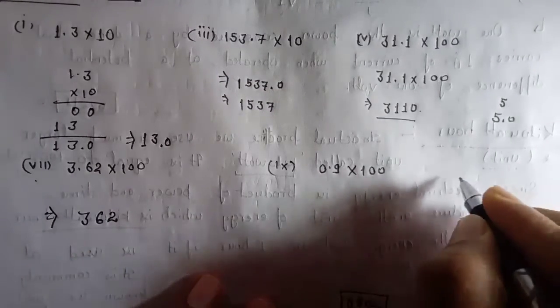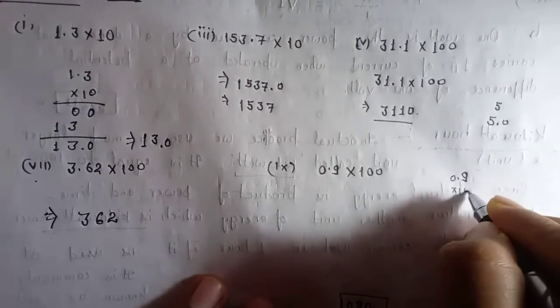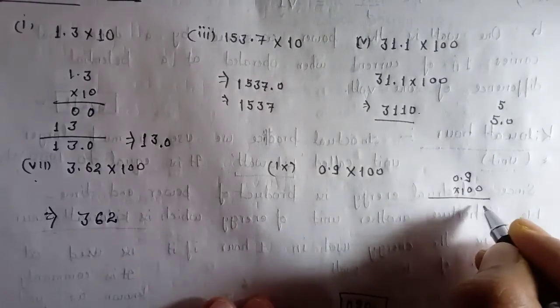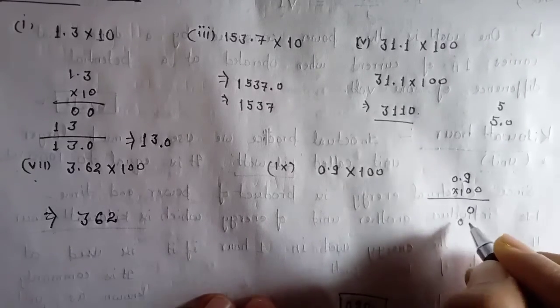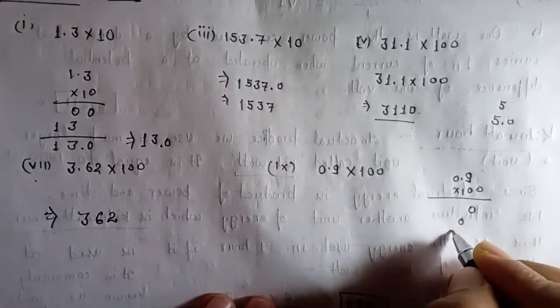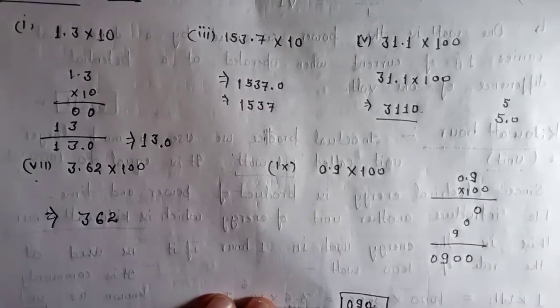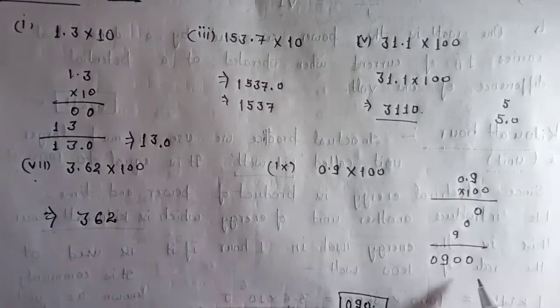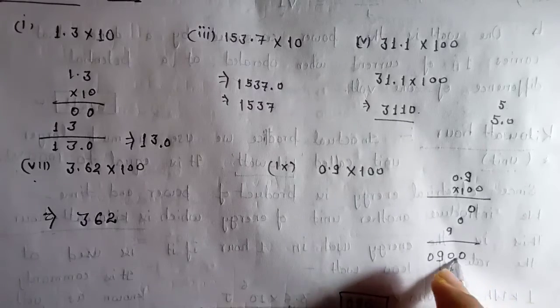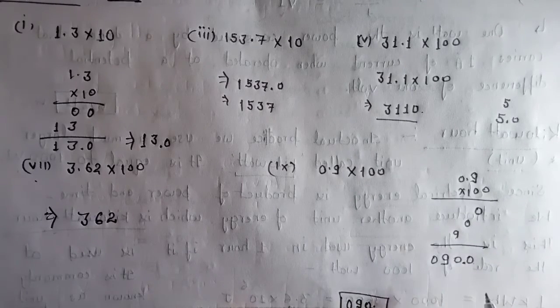So when you multiply 0.9 into 100, it becomes what? 0.9 you can write, and there is one number only, so count from here and place your decimal point, that becomes 90.